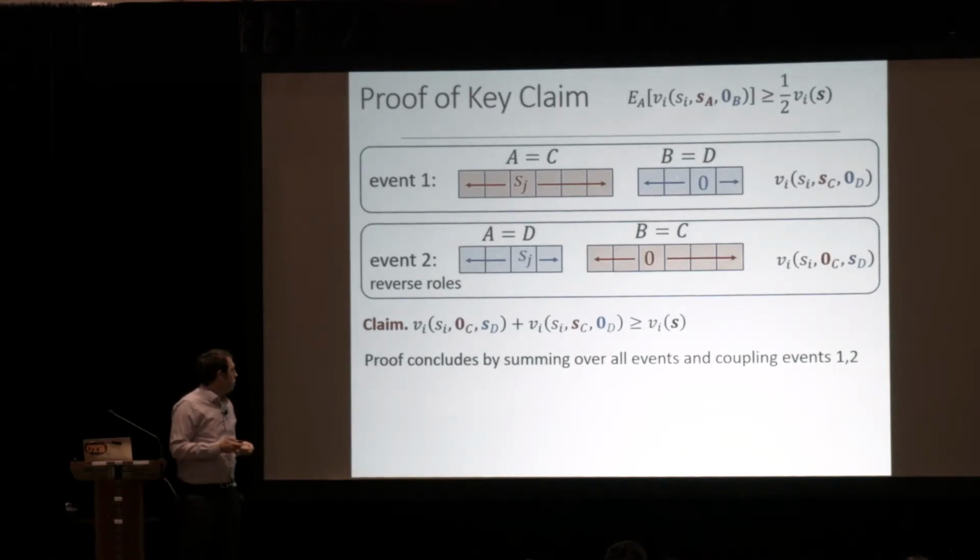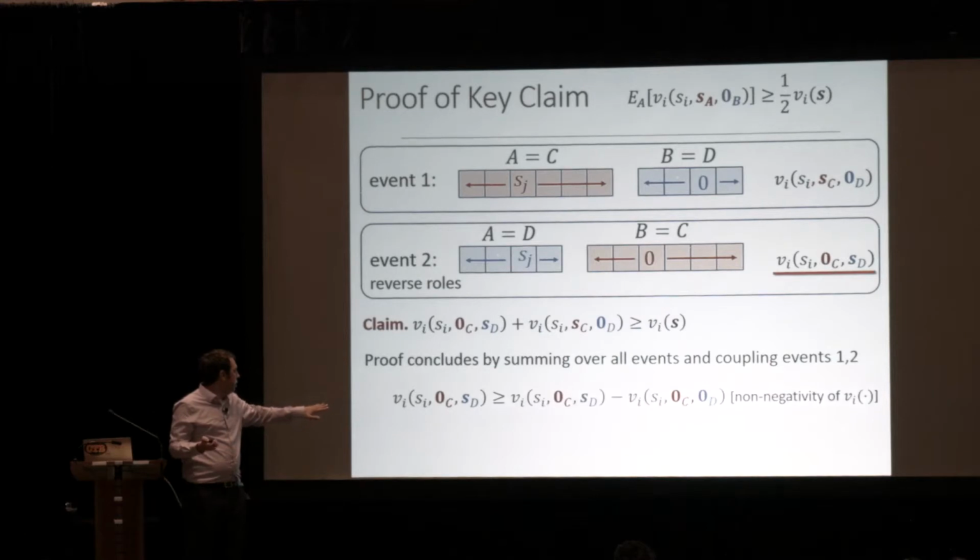Okay, so let's prove this claim, and let's start with the second term. If we take the second term and subtract something positive from it, we get something smaller. So let's subtract the value of the player with only his signal.